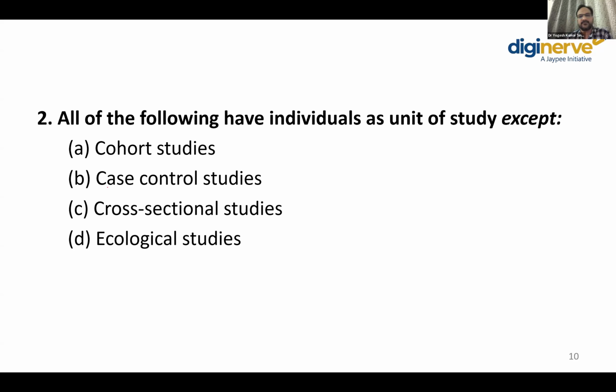I just told you, in cohort study we enroll the individuals, in case control we enroll the individuals, in cross-sectional we enroll the individuals. And ecological studies, I told you, are correlation studies, population studies, and we generally talk about the population, like Indians are these, Africans are these. These are all ecological studies.